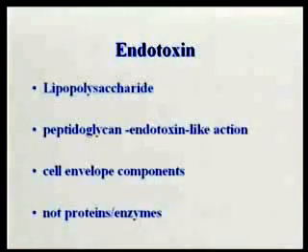Now, an endotoxin, as I said already, the classical one, is lipopolysaccharide. I don't know if in this day and age one should use the word endotoxin-like anymore. Maybe some people don't. But anyway, peptidoglycan was recognized many years ago to have lipopolysaccharide-like activity. Essentially, anything that a lipopolysaccharide does, a peptidoglycan will do.